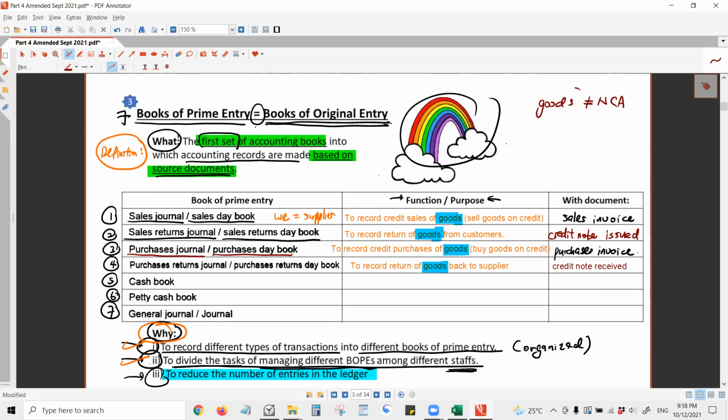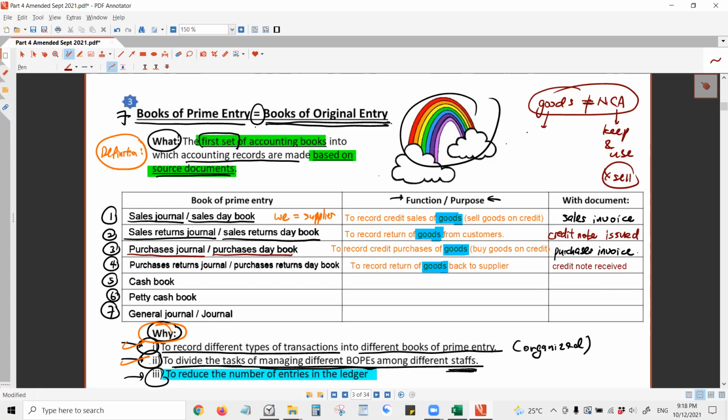I keep emphasizing that they are different. You have to know the definition of NCA. NCA are the things you keep and use in your business. You don't intend to sell.